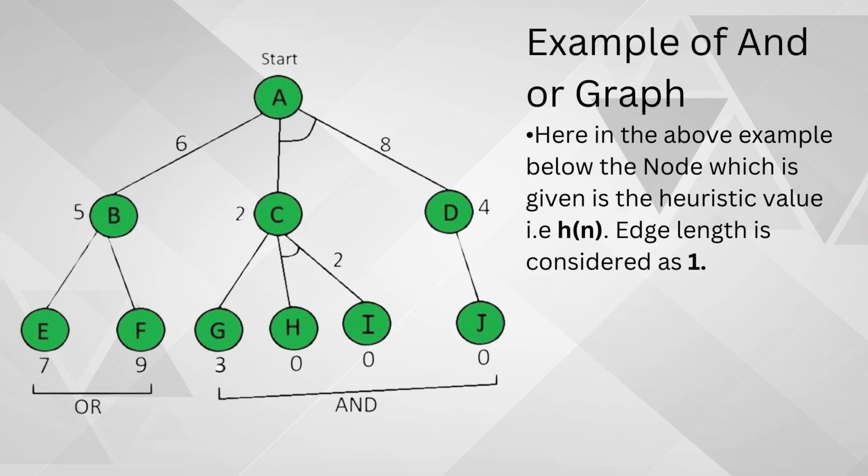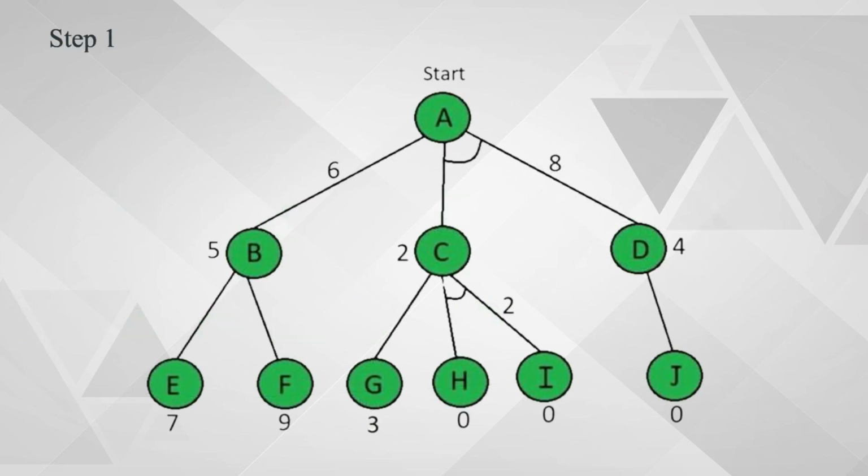So here we have step 1. Start from A and then go to the terminals. So here we have the start node A. Our step 1 is to start from A. In the terminals, E and F have values 7 and 9.